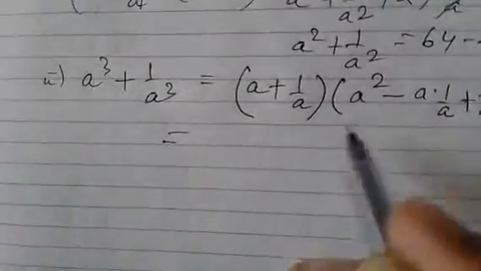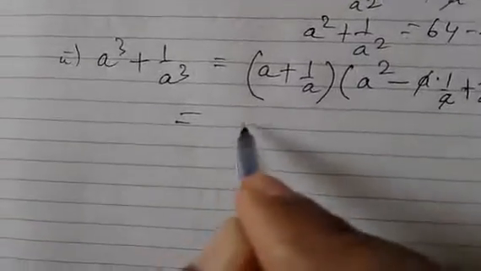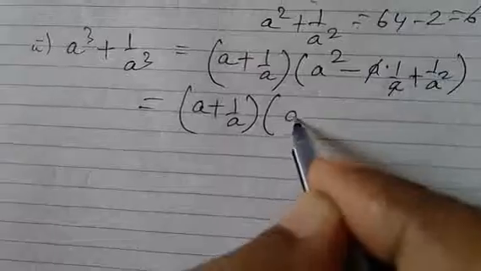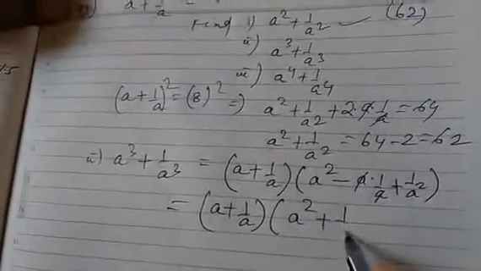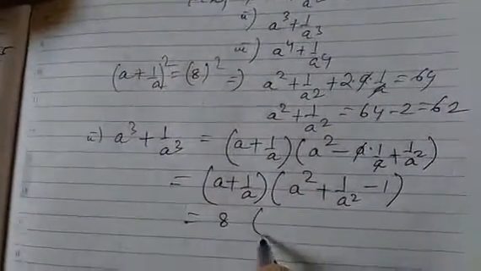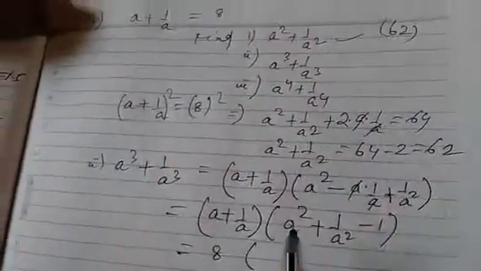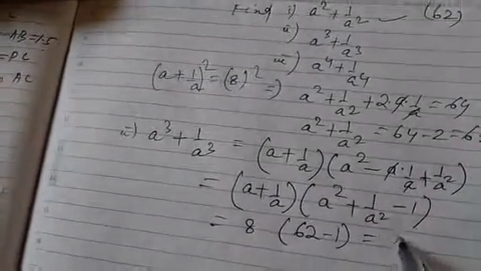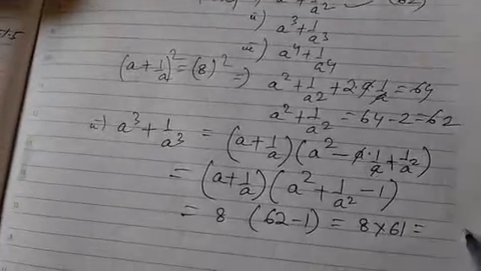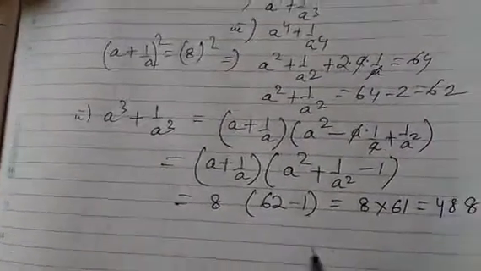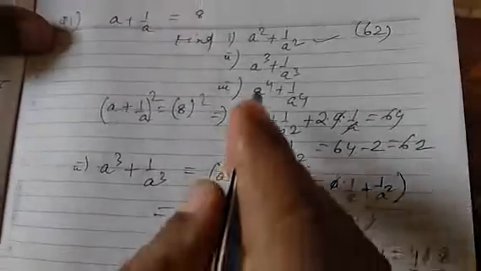The a into 1 by a cancels. You get a plus 1 by a into a square plus 1 by a square minus 1. Since a plus 1 by a is equal to 8, and a square plus 1 by a square is 62, we get 8 into 62 minus 1, so 8 into 61 is 488. The answer of the second bit is 488.